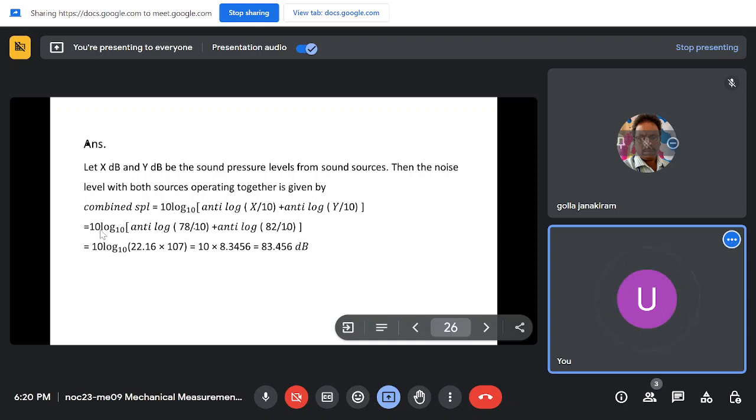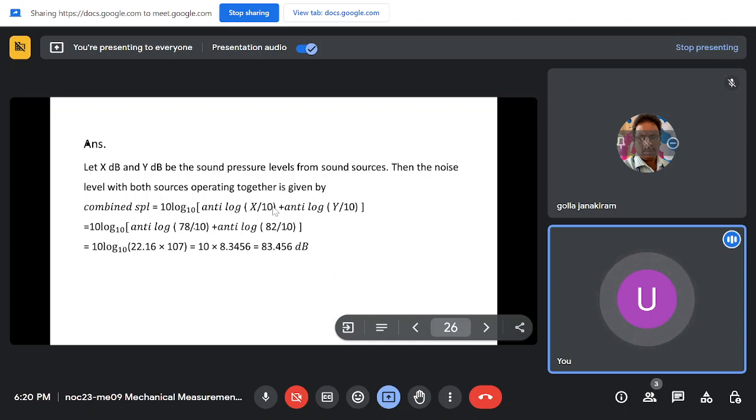Then we just substitute the x and y values. It's just based on the pressure and intensity relation of the decibel calculation. So from there we get this relation, 10 log 10 of antilog of x by 10 plus antilog of y by 10. It's just the intensity addition.